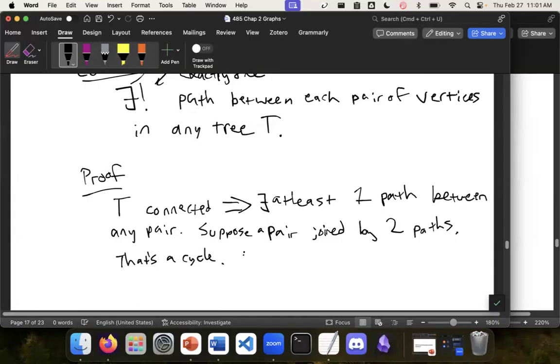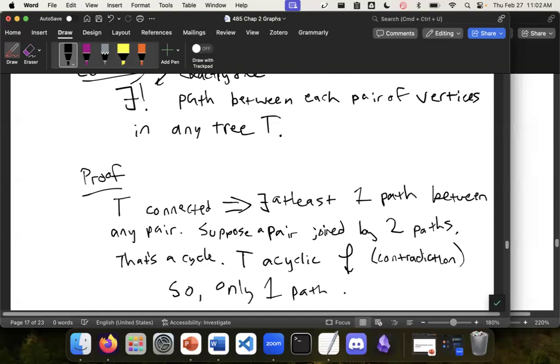Because we assume a tree is acyclic, now we've reached a contradiction. Therefore, we can write, there is only 1 path between any pair of vertices.